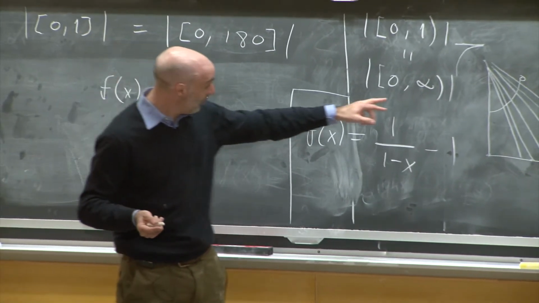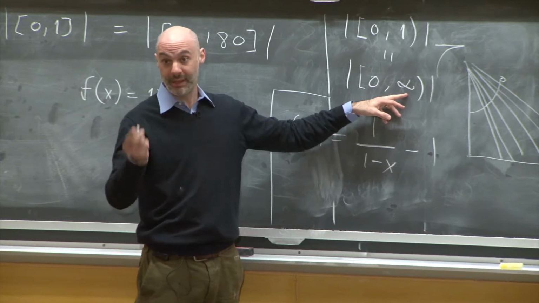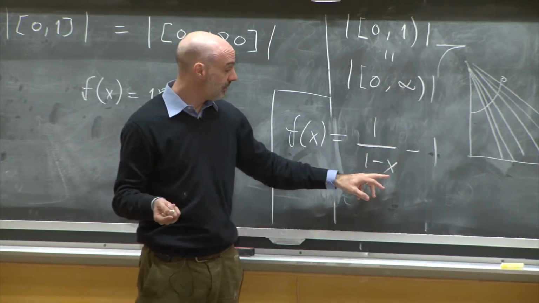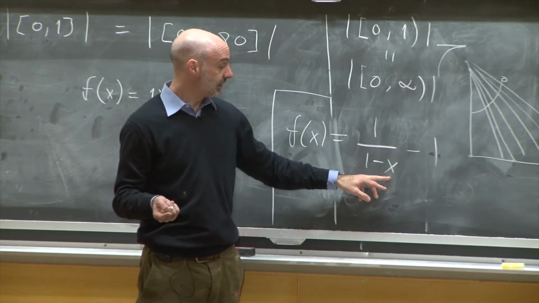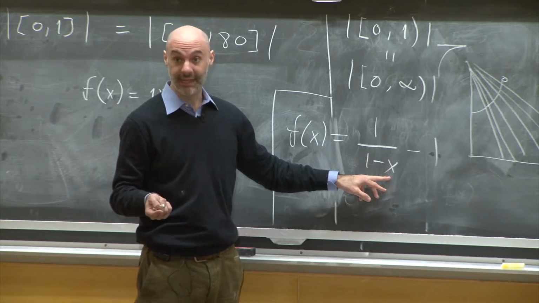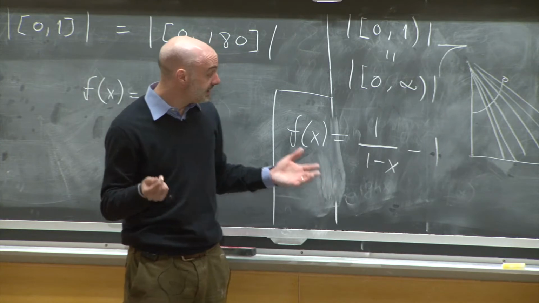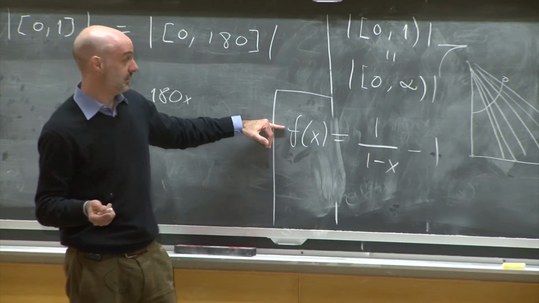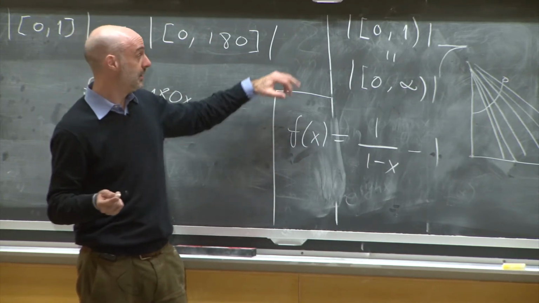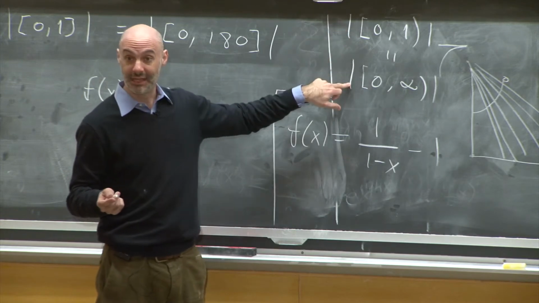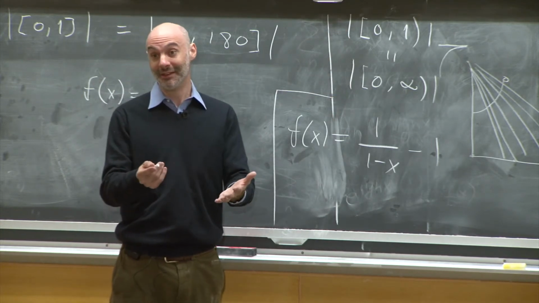So for any point in here, no matter how big you want it, there is some x close enough to 1 that we're going to hit that point. So nobody's left. This function is a 1-1 mapping from that guy onto that guy, and there are no gaps.